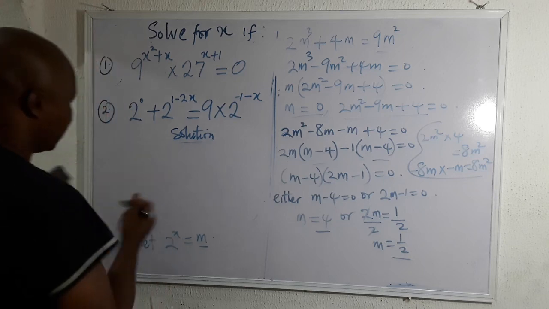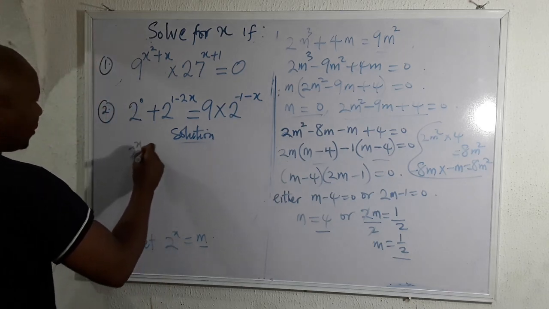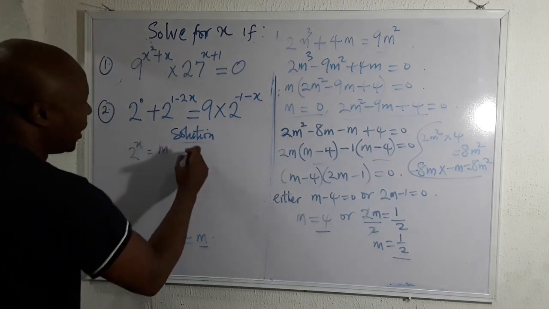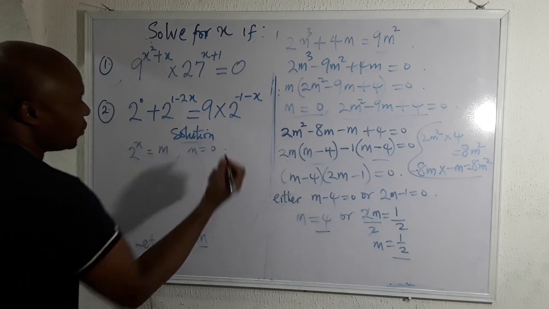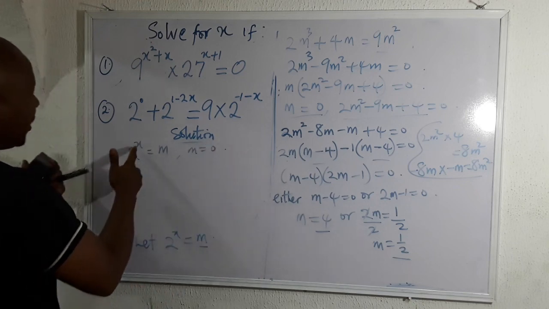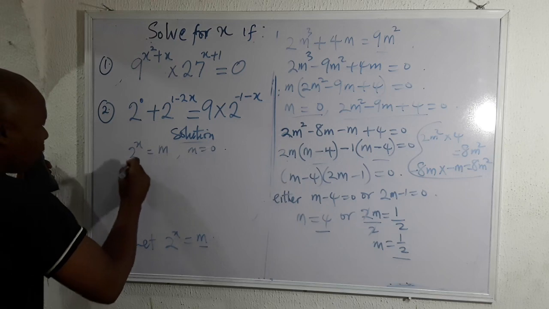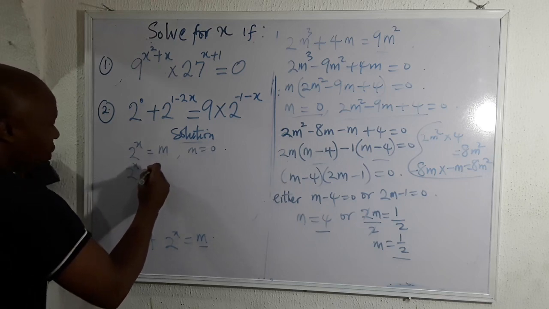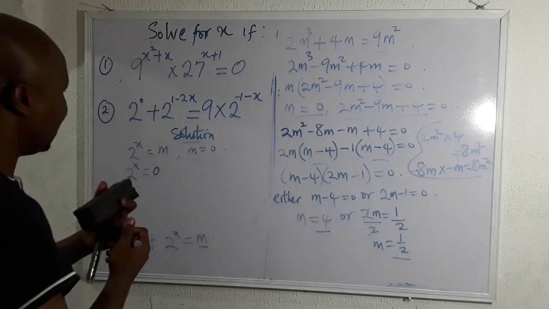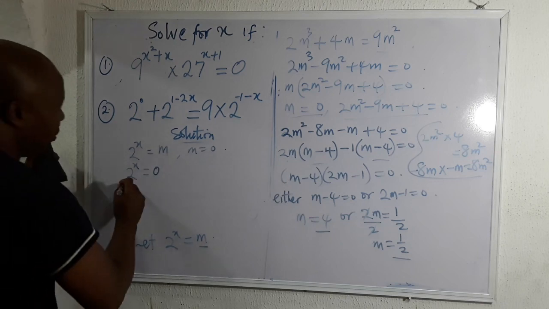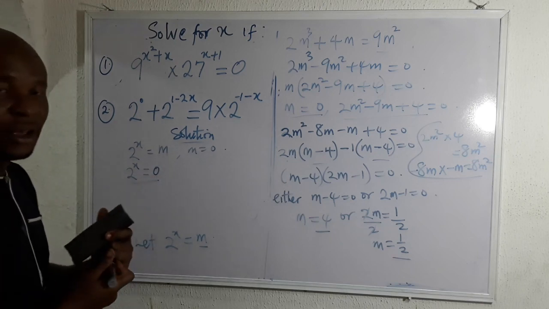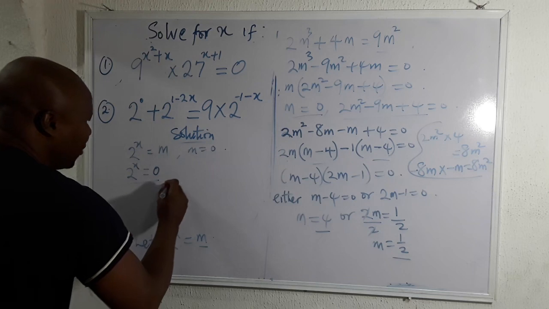We already know that 2 raised to the power x is equal to m. So when m is equal to 0, what will the value of x be? That will be 2 raised to the power x is equal to 0. In this case, there will be no solution for x.